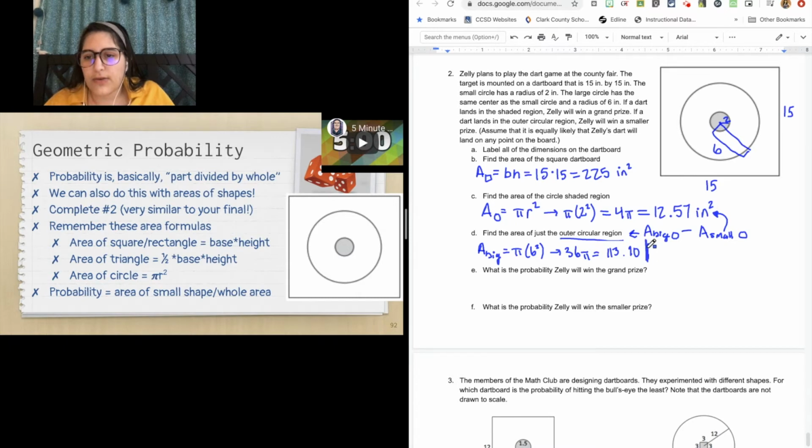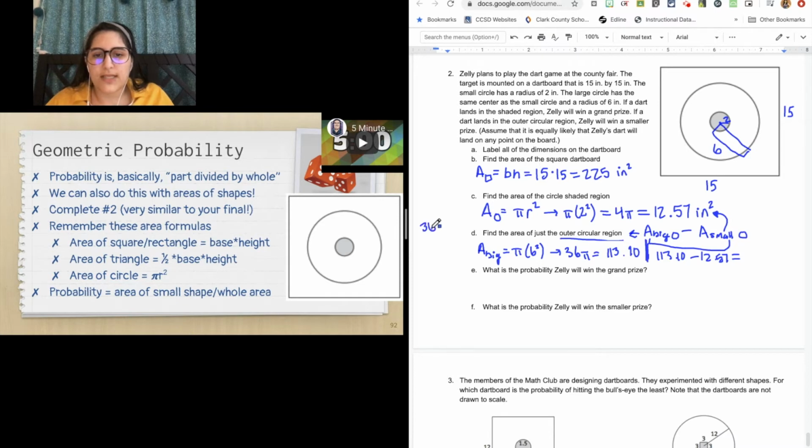So now I need to do this, okay, which is 113.10 minus 12.57, and figure out what that is. You could also do 36 pi minus 4 pi. So I'm going to do that over here.